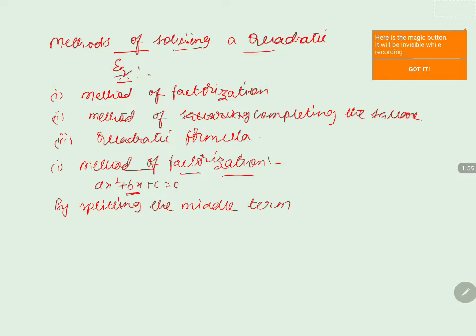By splitting the middle term of the LHS, that is ax square plus bx plus c, we factorize the LHS into linear factors.